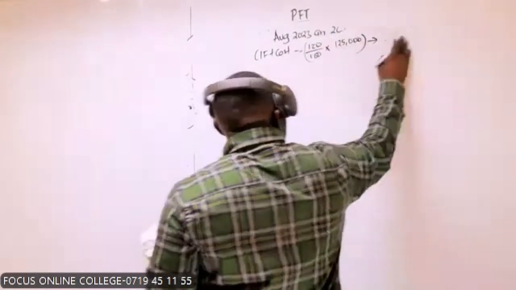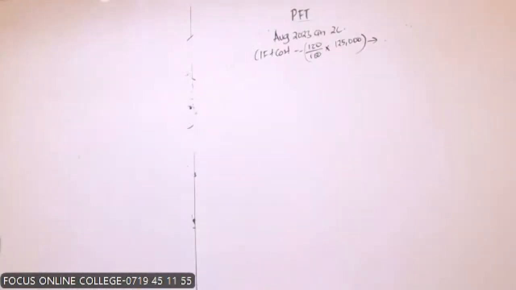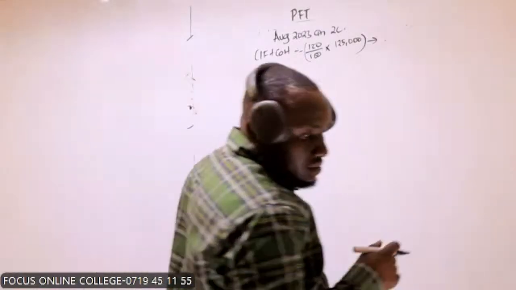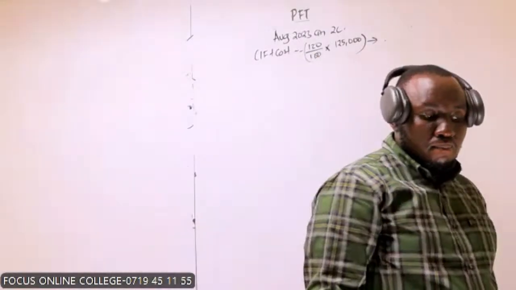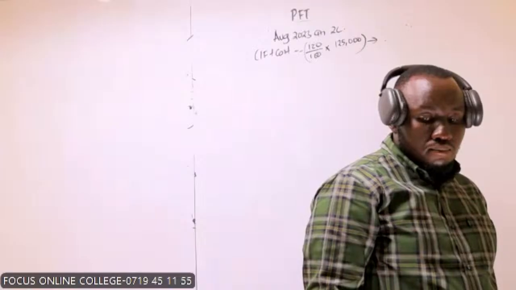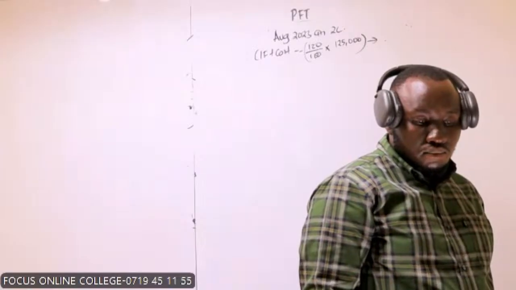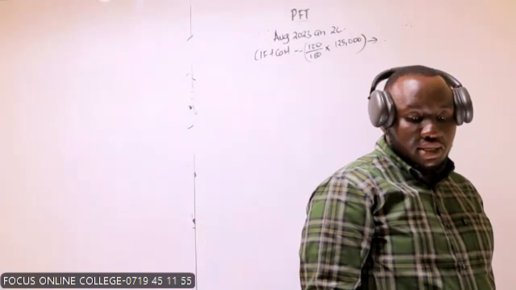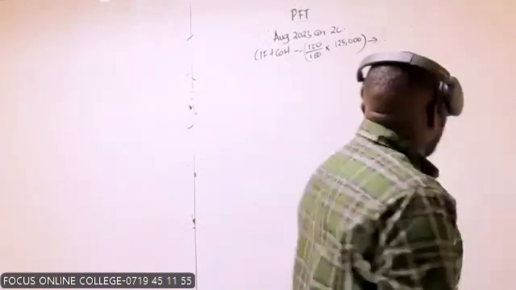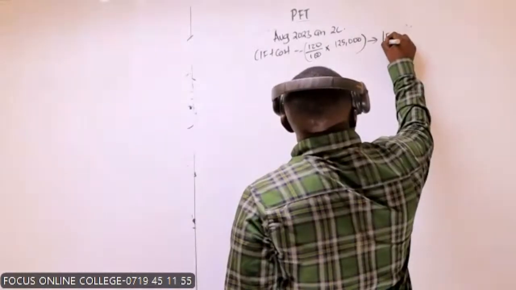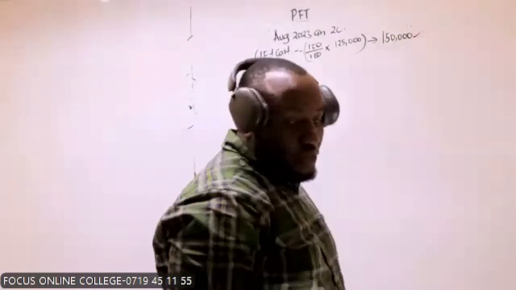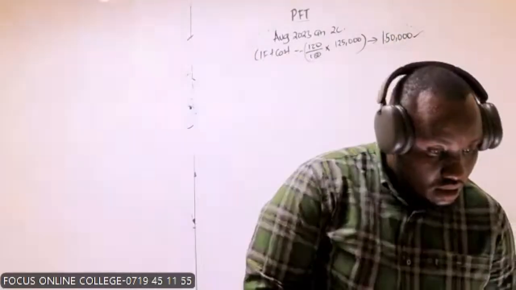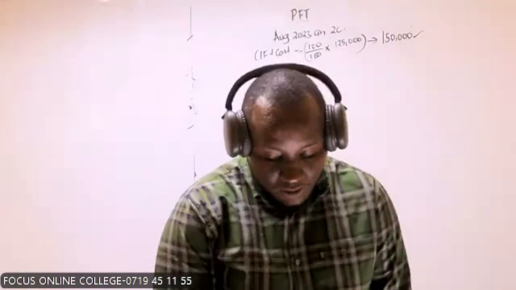So what do you have? What should we have for that? So that should be 150. That should be 150.